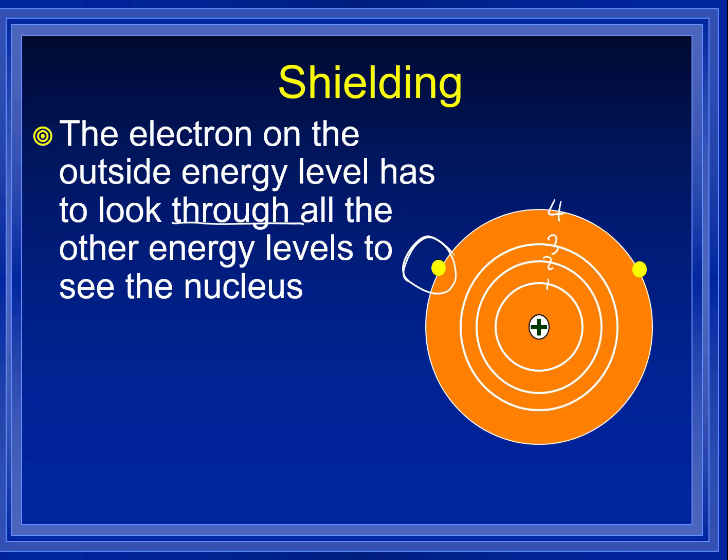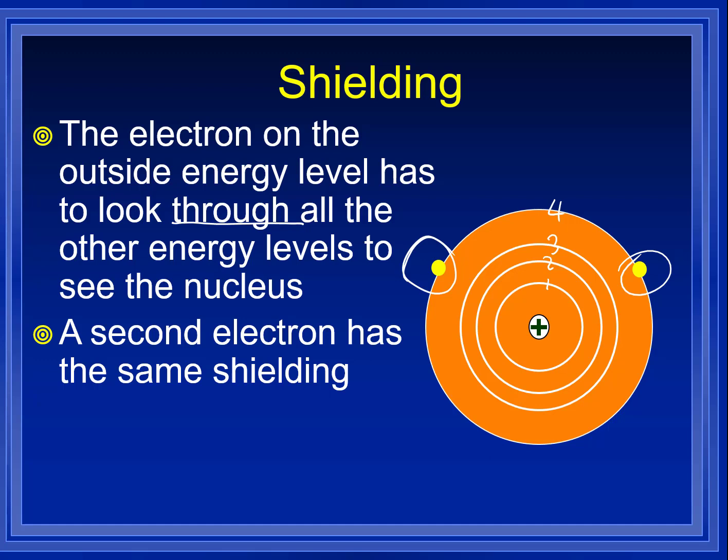If I go across, but stay in the same energy level, if I went to calcium, I'd add another electron, but I wouldn't change the shields. The shield would be the same. The first 3 energy levels were in the way of potassium. The same 3 energy levels are in the way of calcium. So a second electron has the same shielding.